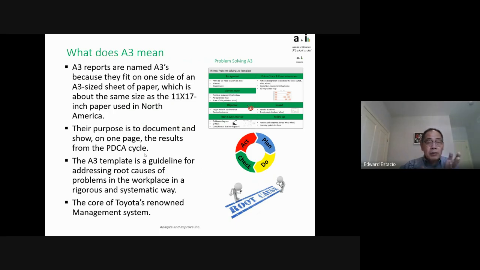It follows the PDCA concept, which is plan, do, check, and act, where you identify, define, and study current situations for analysis, propose actions, and monitor results. In short, it is a tool used to identify problems and propose solutions, summarized in one page.